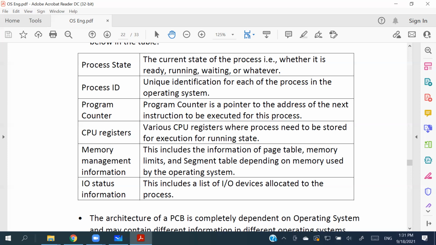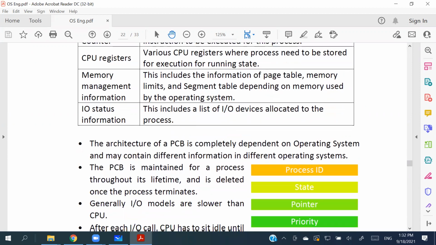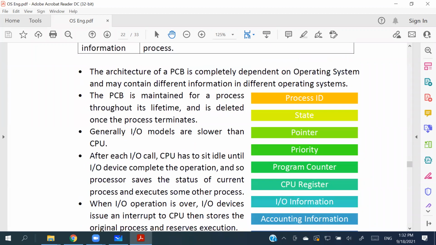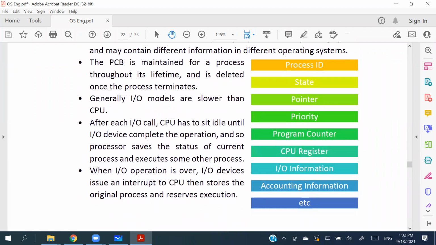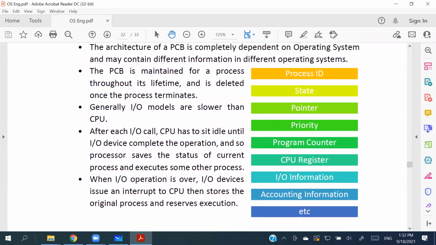All of these will be recorded in the PCB. As well as input-output status information. If a particular process needs to interact with an input or output device, the status of those things will be recorded in the relevant PCB. So the PCB contains that kind of information, and below I have shown another structure of the PCB.